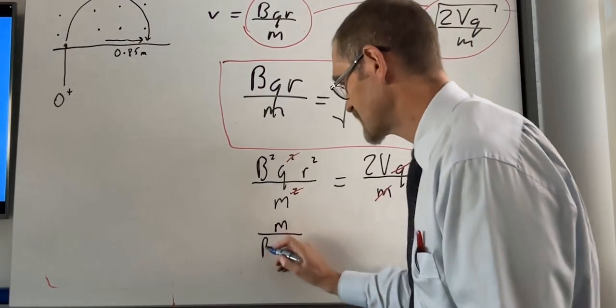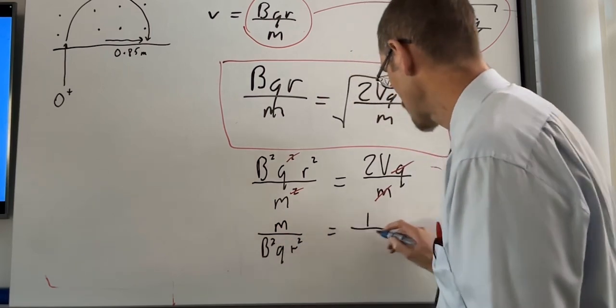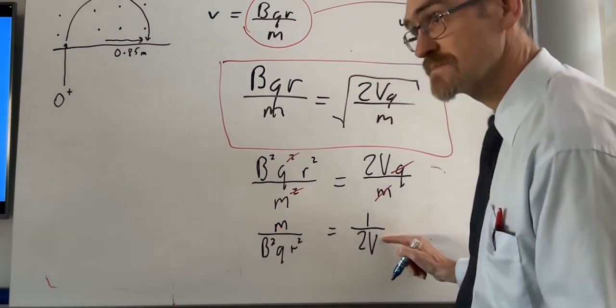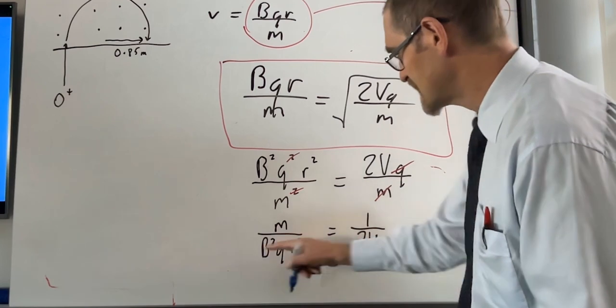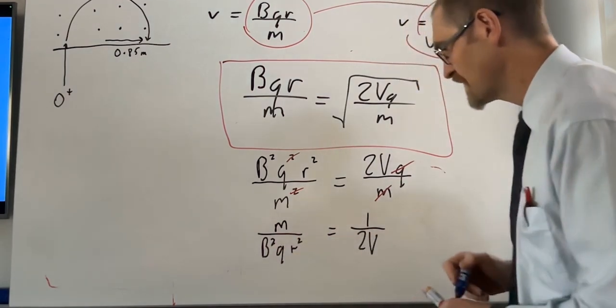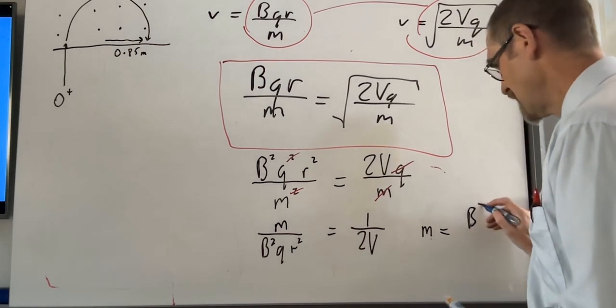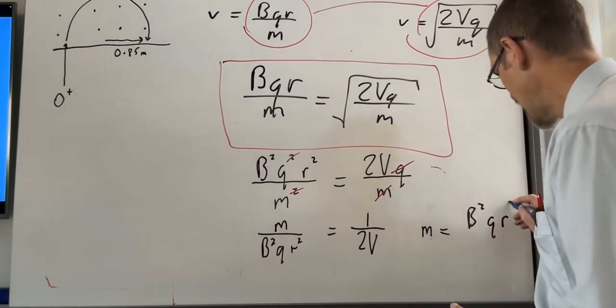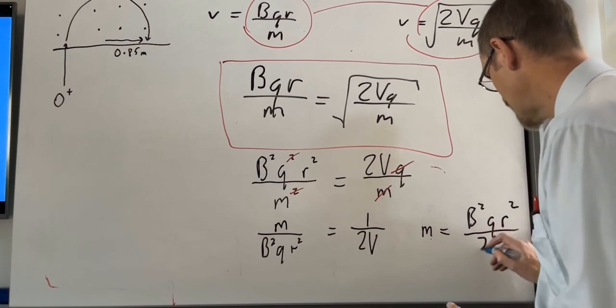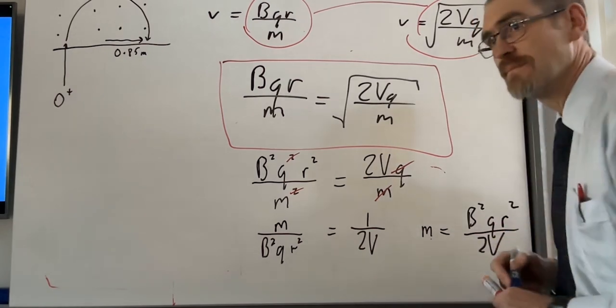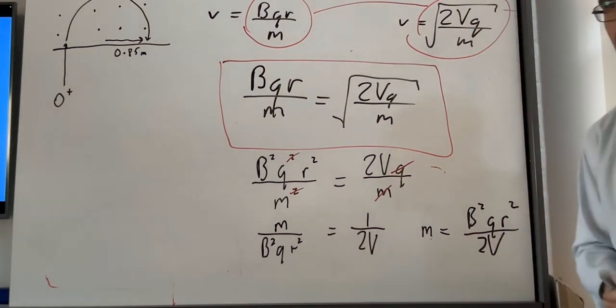Flip them, capital V for voltage. Then you take these, send them across, and you end up with mass is equal to B squared q R squared over 2 times the voltage. Plug in your values, and you've got the mass of the charged oxygen particle.